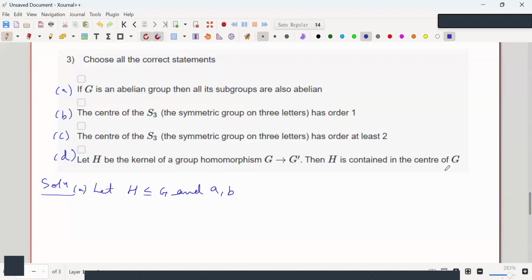That means if H is a subgroup of G and a, b belong to H, then a, b are also inside G. This implies ab is equal to ba because they are inside G and G is abelian. So this should hold for a, b as elements of H as well. Okay.